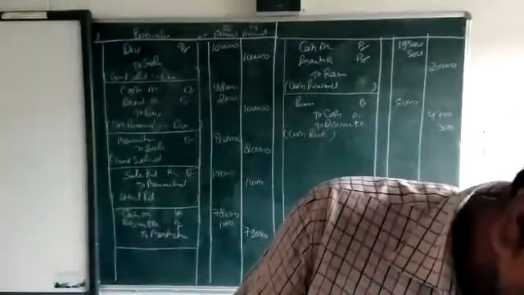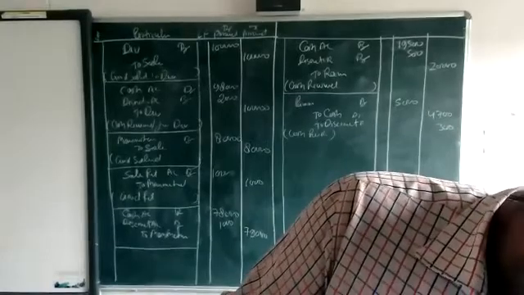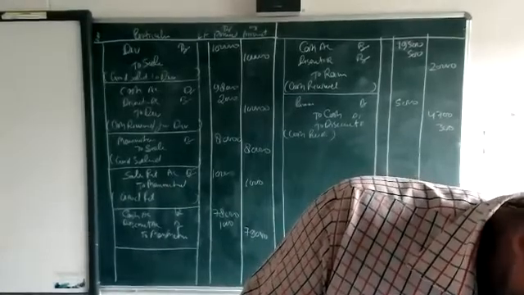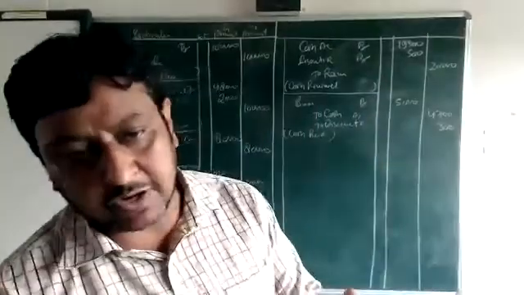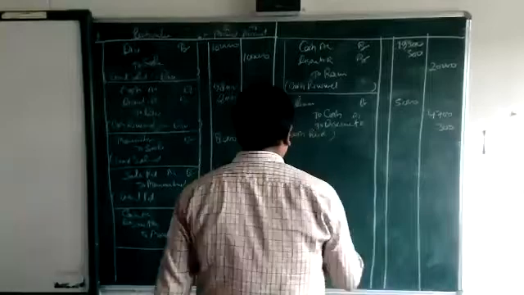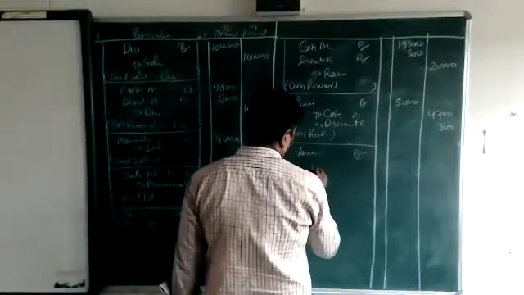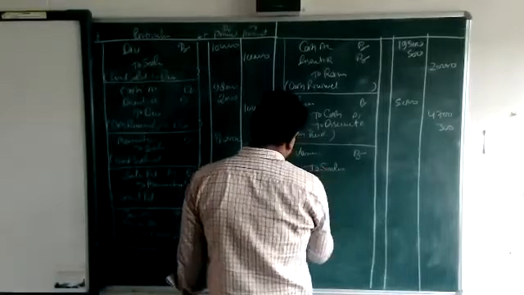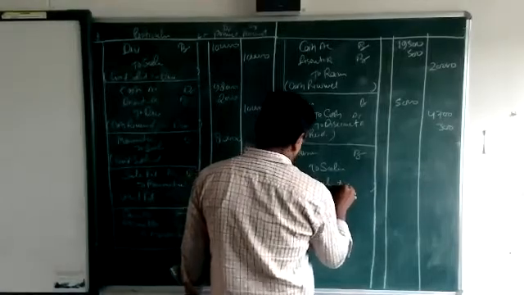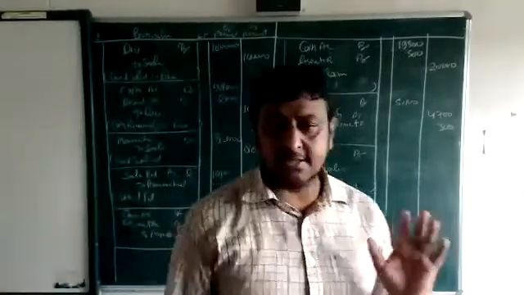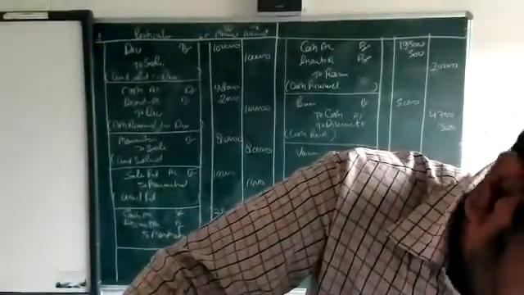Then go for next. Sold goods to Varun of the list price 25,000, 20% trade discount. Okay, this trade discount we are not going to show. Sold means Varun debit to sales, goods sold. 25,000 is the value of the selling, 20% discount.